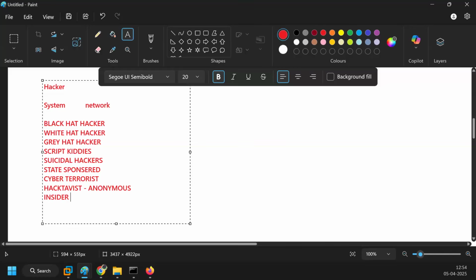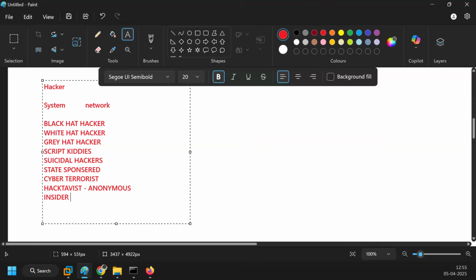We can imagine a person who has access to very confidential information in the organization. Later on, if he sells that information to some other organization, we can imagine how much loss the organization can face. That is what we have as the insiders.